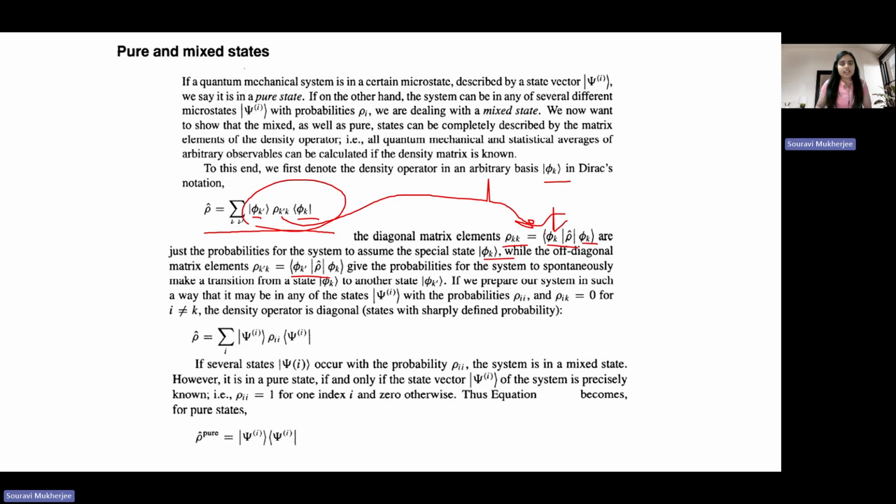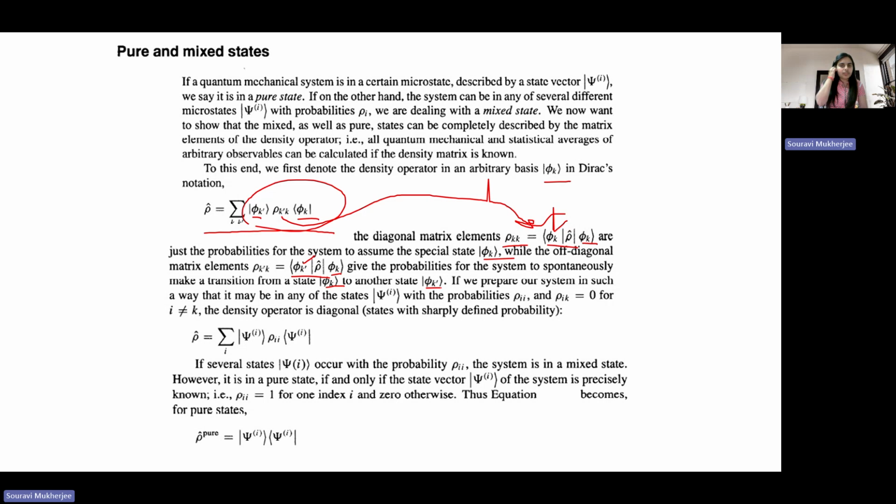Now, what do the off-diagonal terms tell you? Again you have a state phi k. You operated on it with this rho operator, and you got another state vector. Now you take an inner product of this state vector with the basis vector phi k prime. This tells you the probability that your system will spontaneously make a transition from an initial state phi k to another state phi k prime.